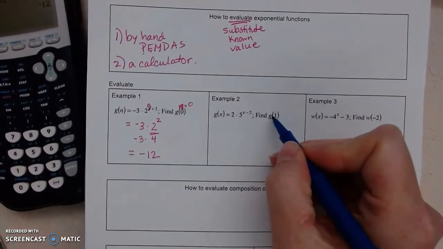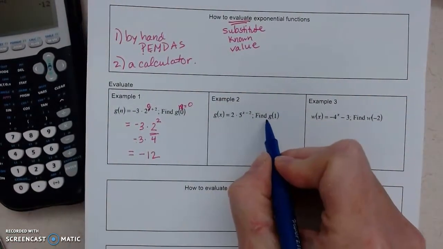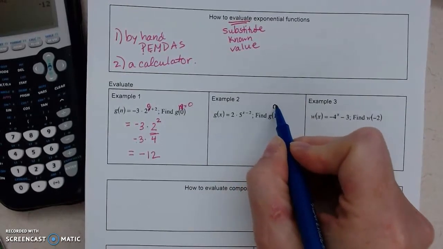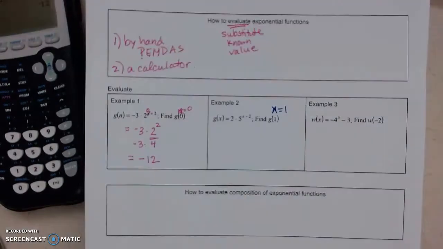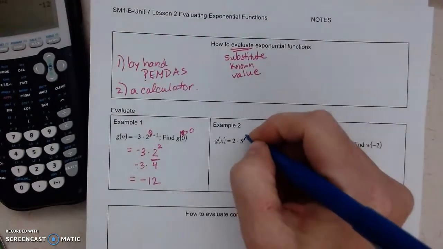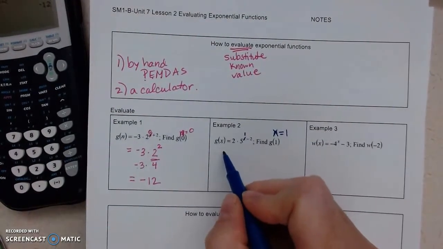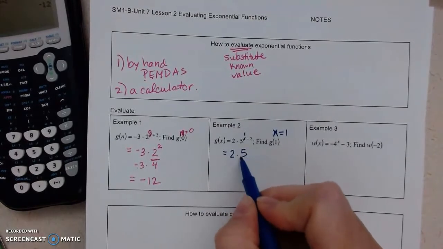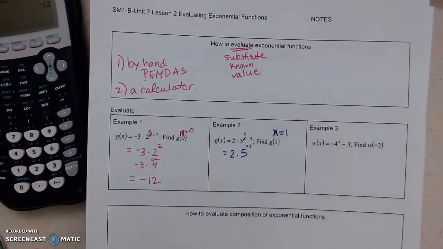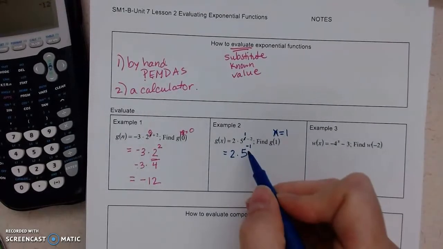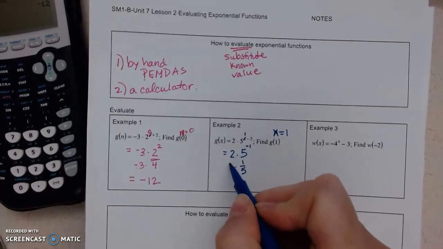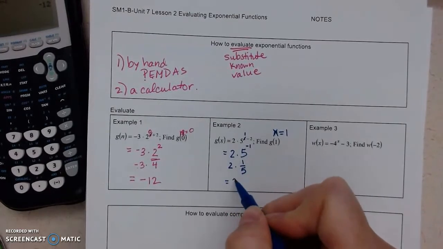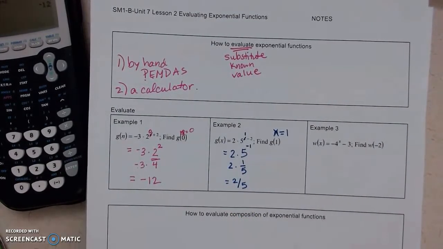If this is g of x, find g of 1, which means that now our variable is x. So x equals 1, and I'm going to substitute 1. So I get 2 times 5 to the 1 minus 2, which is negative 1. Now, if you are doing this by hand, a negative exponent is the reciprocal, which means that's 1/5. 2 times 1/5 is 2/5.